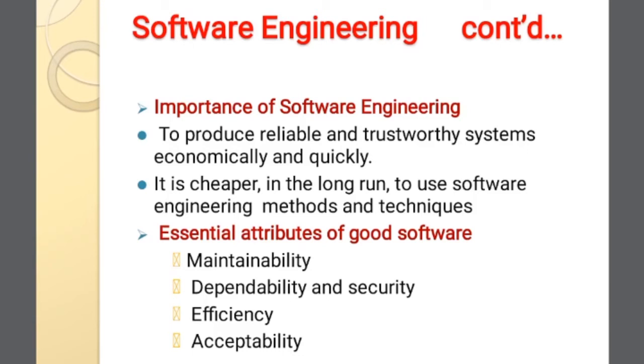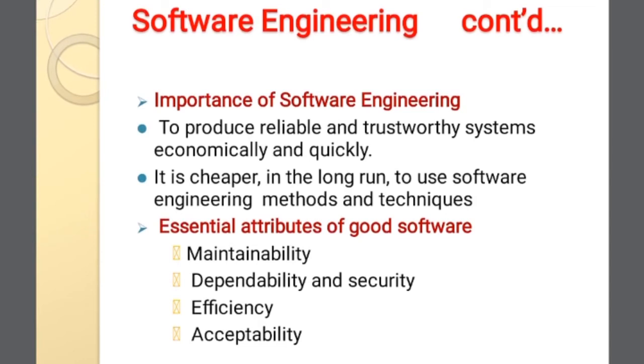And we will be seeing what are the essentials of good software. The four things that are very essential for good software are maintainability, dependability and security, efficiency, and acceptability. Now, what do these terms mean? Maintainability tells you that software should be written in such a way that it must meet the changing needs of the customer.